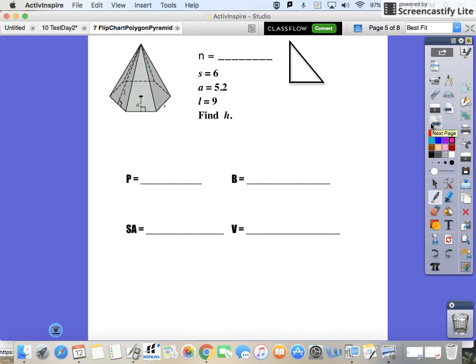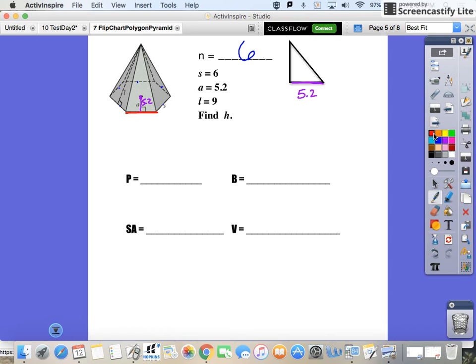This one is also a pyramid, but it's got more sides on the base. For this one, we have 1, 2, 3, 4, 5, 6. That would make it a hexagonal pyramid, and they told us that the side is 6. The apothem is 5.2. That's this one right here.